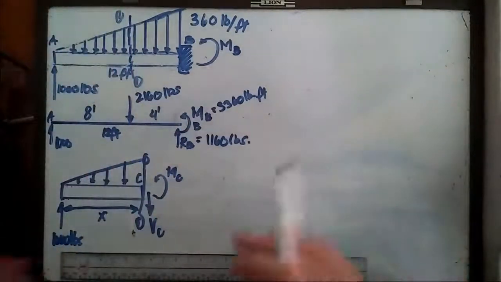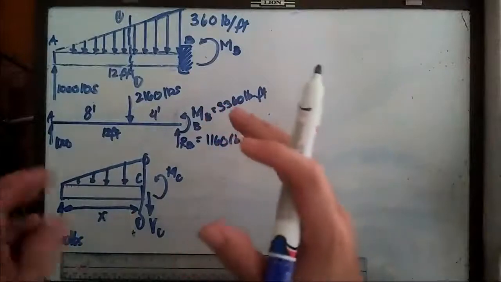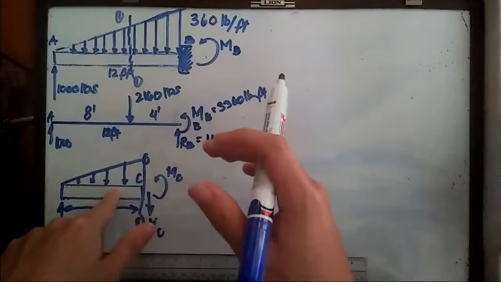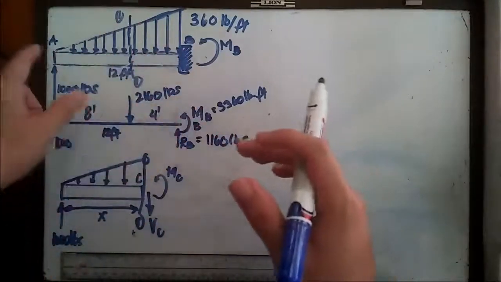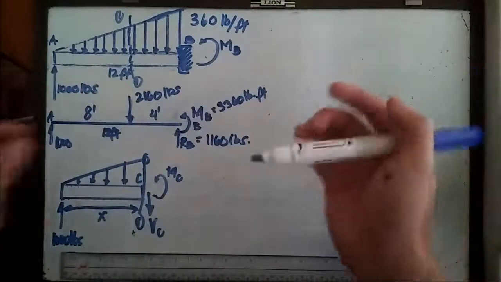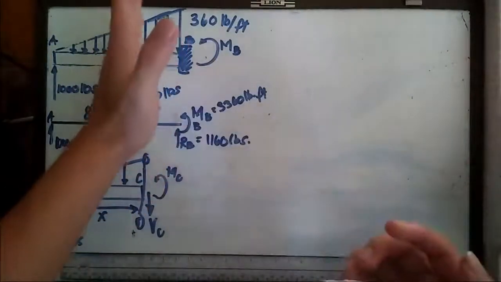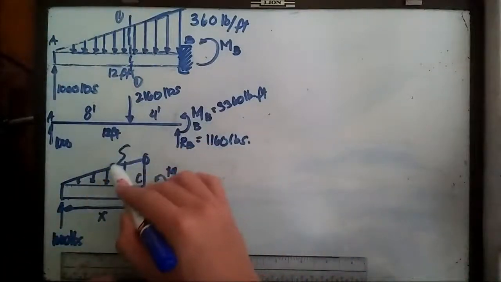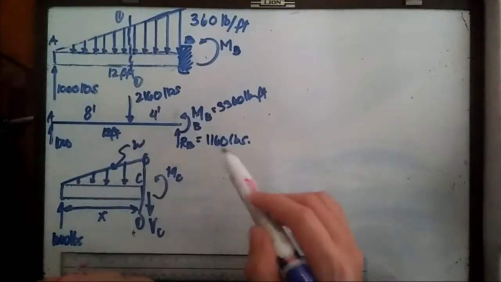The thing here is that since we sectioned this entire beam and we only have two points, A to B, the whole beam is continuous. If we consider the left side only, we will have a new intensity here, W or omega.